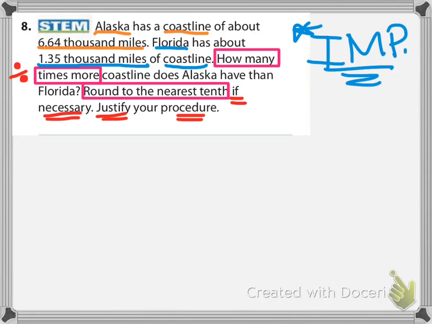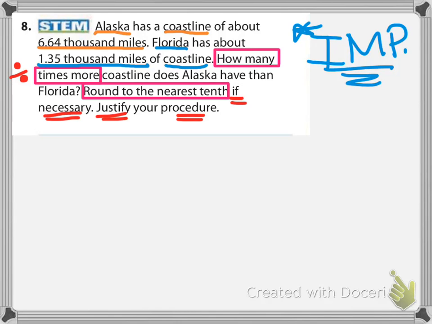The information about Florida is underlined in blue. Florida has about 1.35 thousand miles of coastline. Now in the box is the question being asked of you. How many times more coastline does Alaska have than Florida? Obviously, from comparing the numbers, Alaska is larger, but they want to know how many times larger.